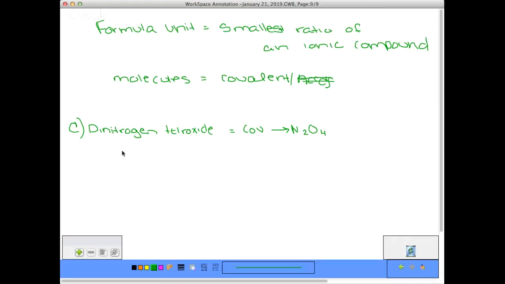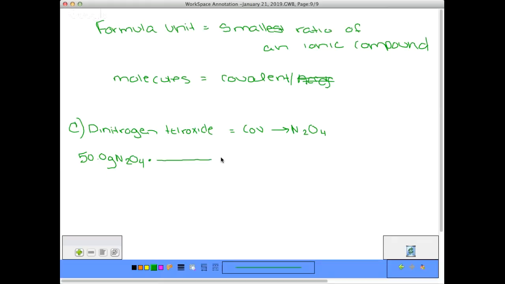Okay. So the beginning says calculate the number of molecules or formula units in 50 grams of each of the compounds. So if we have 50 grams of N2O4, we want to convert this into the number of molecules.